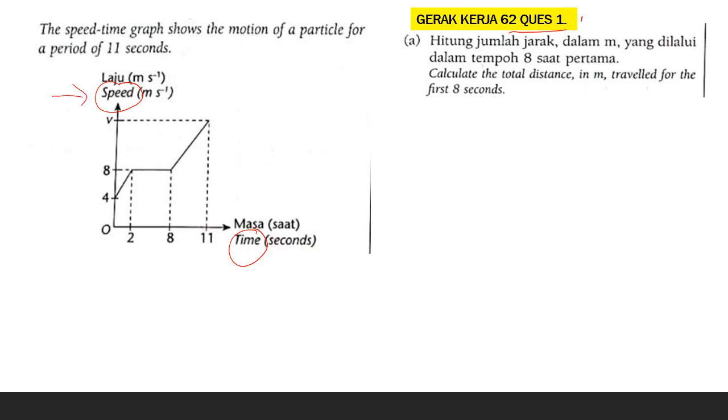So this one is a speed time graph. It shows the motion of a particle for a period of 11 seconds. So the question is calculate the total distance in meter traveled for the first 8 seconds.